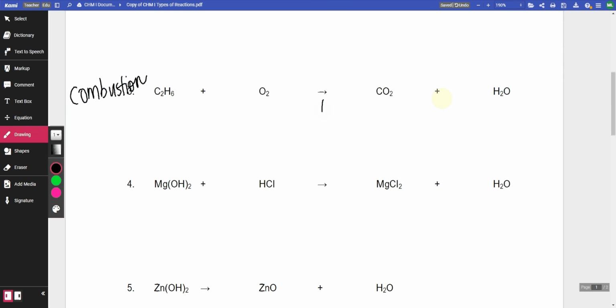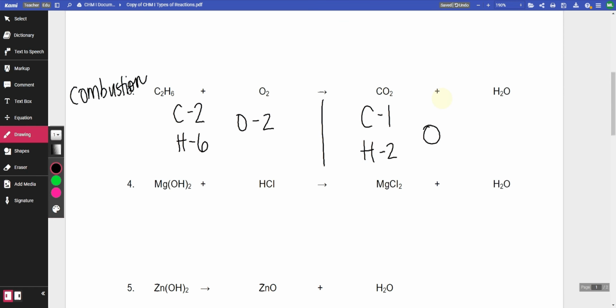So you have 2 carbons to start, and 6 hydrogens and 2 oxygens, all on the reactant side. On the product side, you've got 1 carbon. For hydrogens, you have 2, and oxygens, you've got 2 plus 1 to give you a total of 3. That whole separation thing makes things difficult, right?